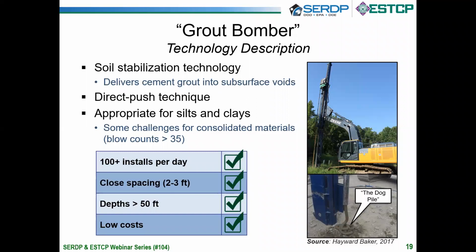And so being a direct push technique, the bomber is most appropriate for silts and clays, mainly with blow counts below 35, and materials with higher water content. So we're able to push this 3.5-inch mandrel down to depth, and then bring it back up in a rapid manner. We can also deal with consolidated materials that have blow counts greater than 35, but that may involve some pilot hole drilling as well as some additional equipment to handle that.